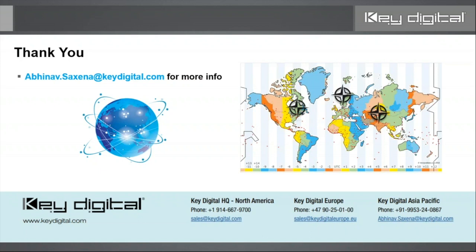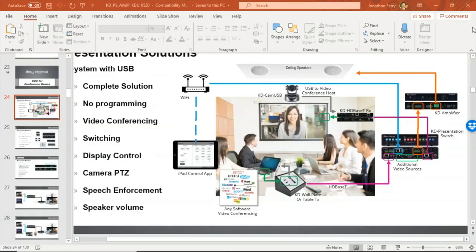Okay, I want to answer the first question here. It was about our system with USB. Let's make sure you can all see my screen now. I am moving to a new slide. Okay, here it is.